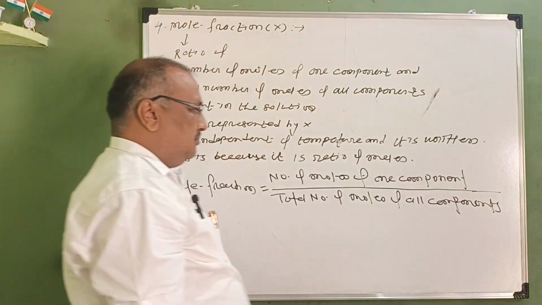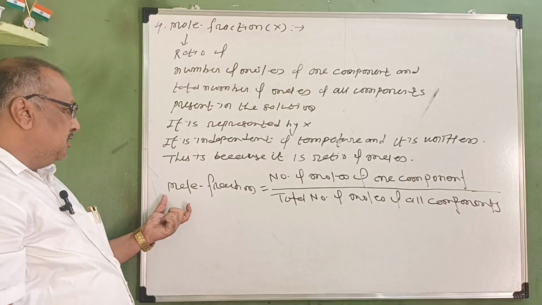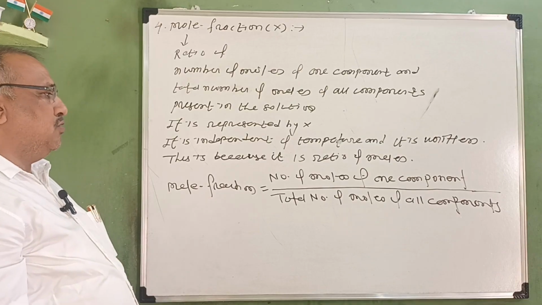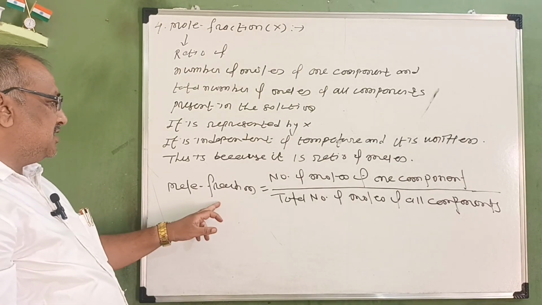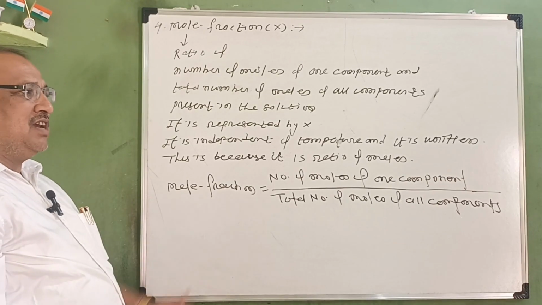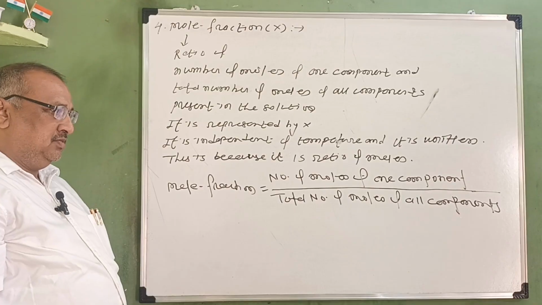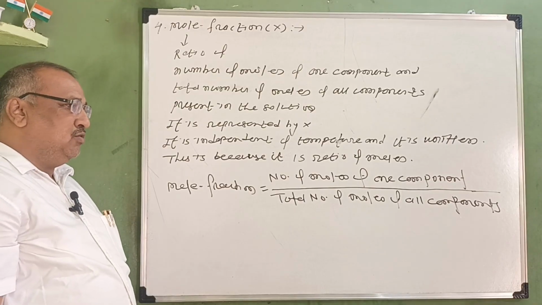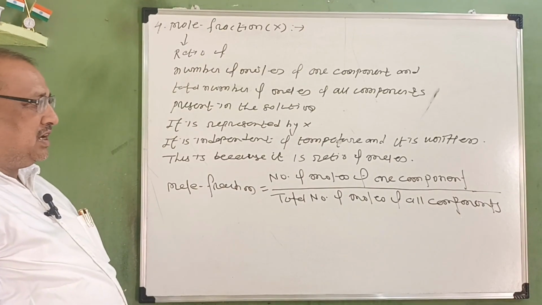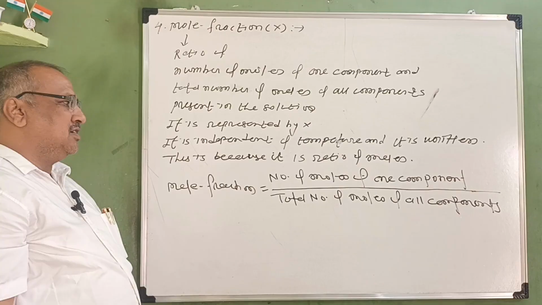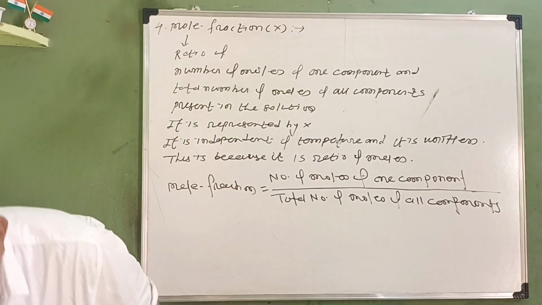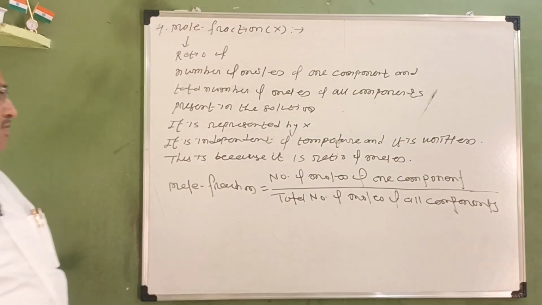That means, how will you recall the definition of mole fraction? Fraction means a ratio which is less than 1. How is it possible? Consider the number of moles of one component in the numerator and the total number of moles of all components in the denominator.